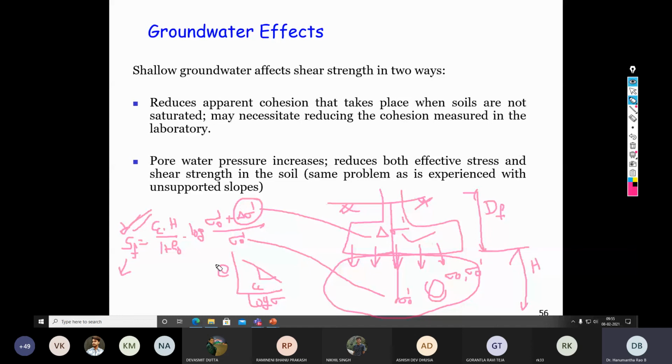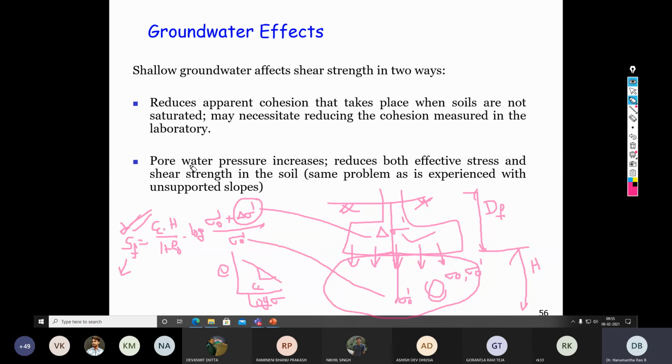So, as demonstrated through all these equations, the other effects of groundwater are that it reduces apparent cohesion, which takes place when soils are not saturated. So it may necessitate reducing the cohesion measured in the laboratory.